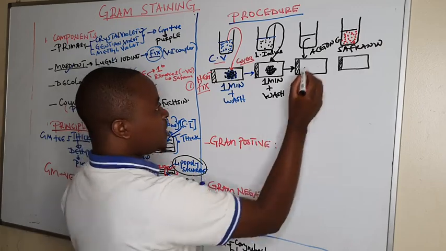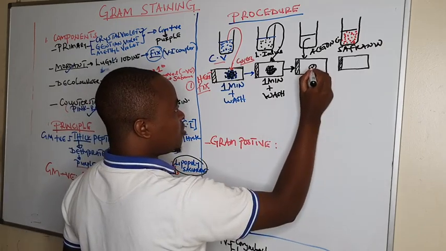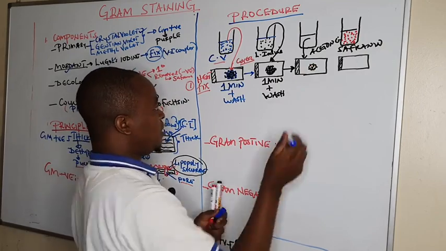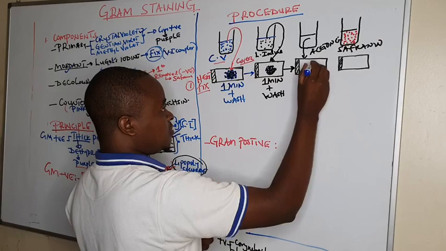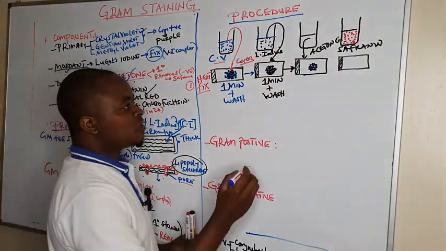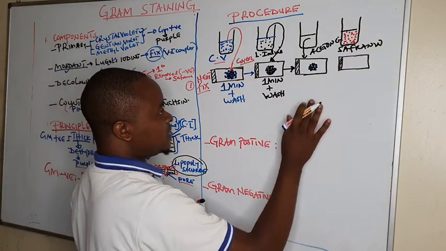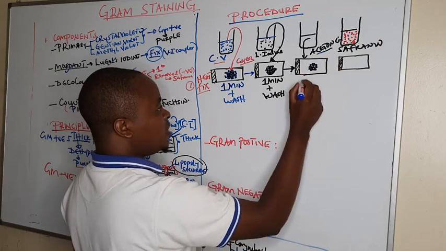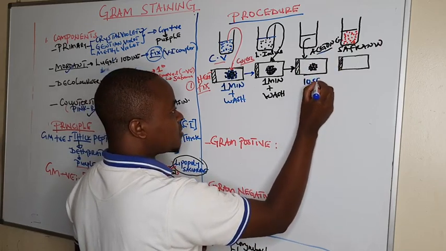So if we had our smear with rugose iodine with a mixture of some of the remnants of the crystal violet, we are going to see it being decolorized. At the end of adding acetone, we leave it for only 10 seconds.